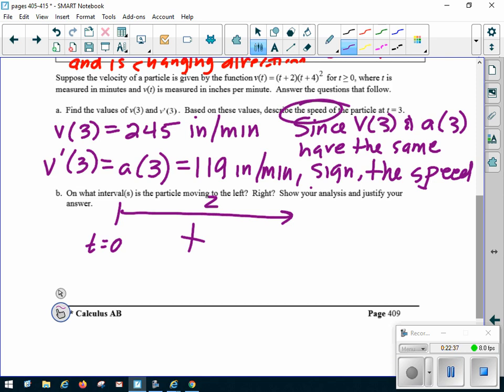This particle is always moving to the right. It doesn't matter. I'm going to say for t greater than or equal to 0, the particle is always moving right.